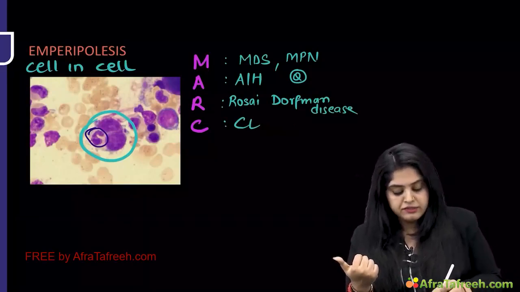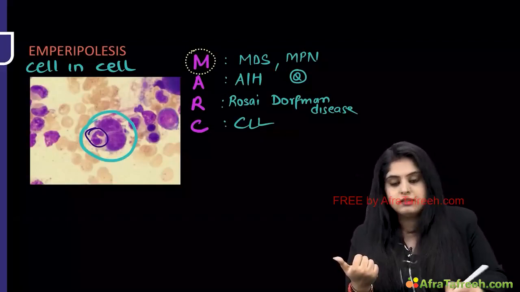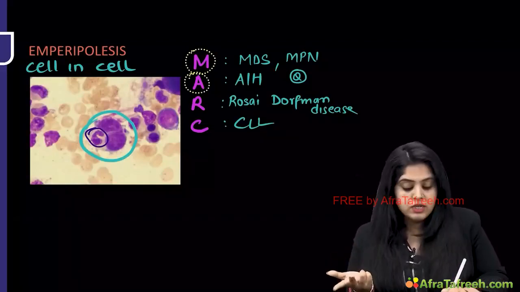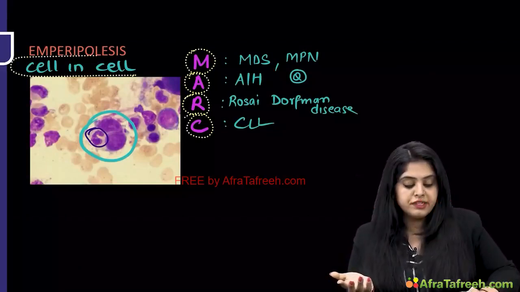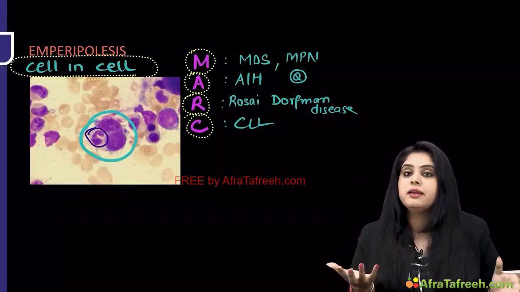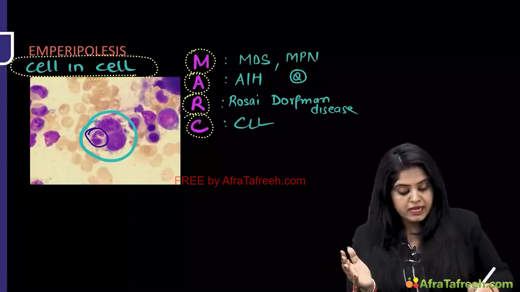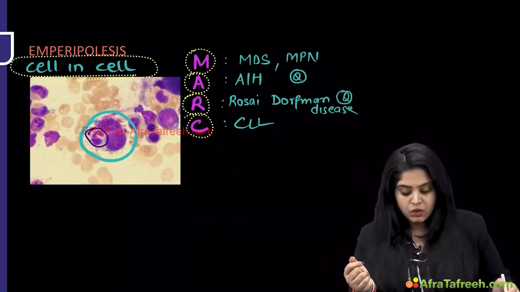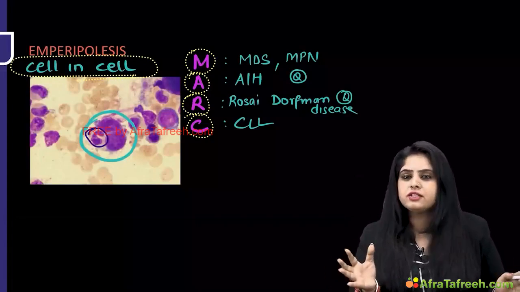So please note: M से हो गया MDS, MPN, A for autoimmune hepatitis, previous year question, Rosai-Dorfman and CLL. MARC is a lazy man, he just goes and sits inside another place, cell in cell, that is known as emperipolesis. Easy guys, very important. Going forward, I expect a question on Rosai-Dorfman disease showing emperipolesis. On that note, you have finished off all the acute inflammatory events and the related topics.